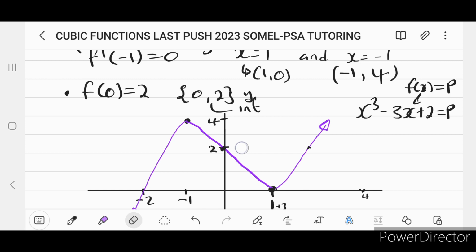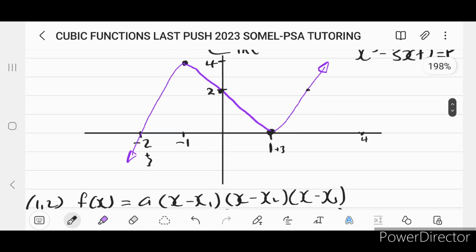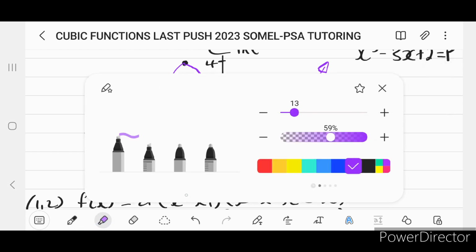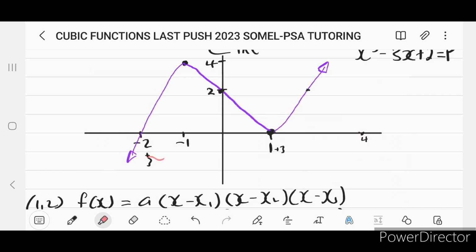and by moving the function upwards, it's going to affect what? It's going to affect the y-intercept. You and I can agree, if I take this function and move it vertically down, it's going to come up somewhere here. So this is going to be 1, 2, 3 roots.